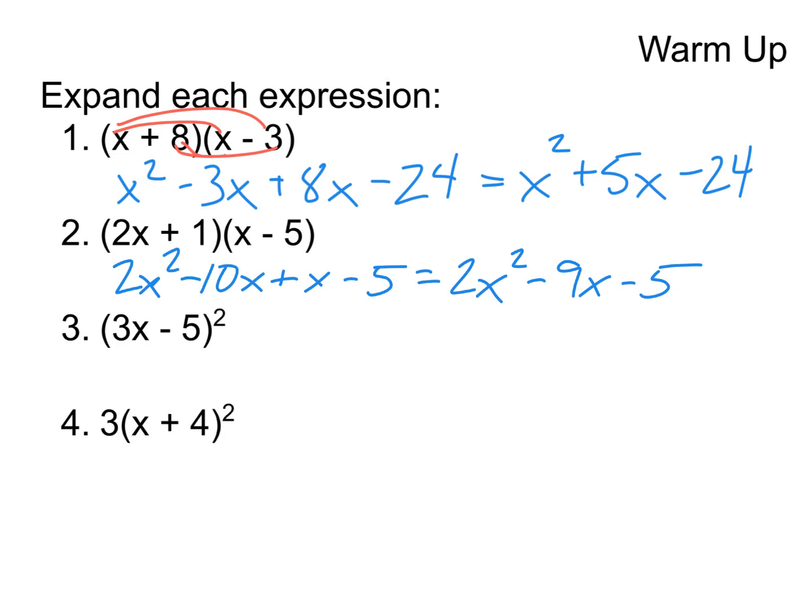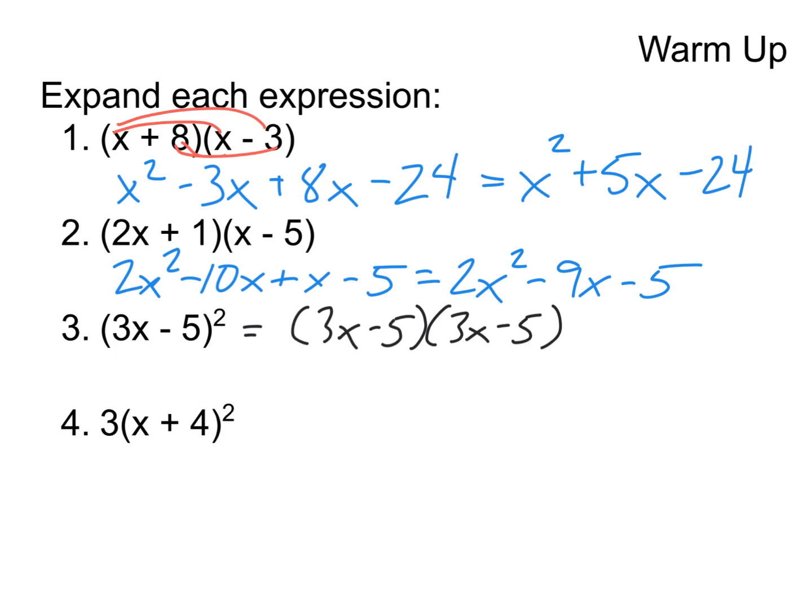So for number 2, you should have gotten 2x squared minus 9x minus 5. And then when you go to do number 3, remember squaring means multiplying it by itself. So the first thing you want to do on number 3 is rewrite that as 3x minus 5 times 3x minus 5. Exponents do not distribute, so we can't simply square each of the terms on the inside.